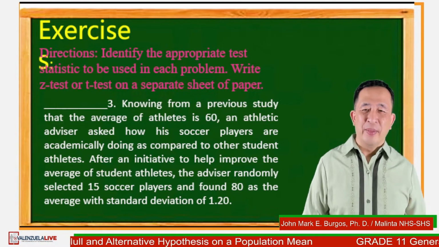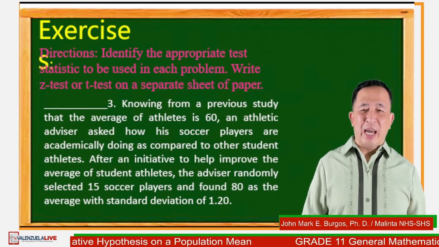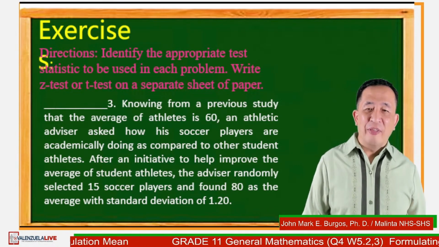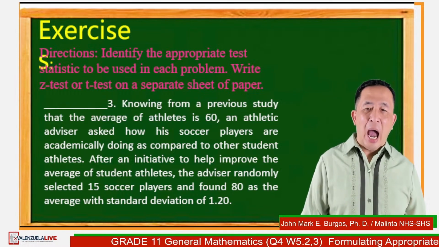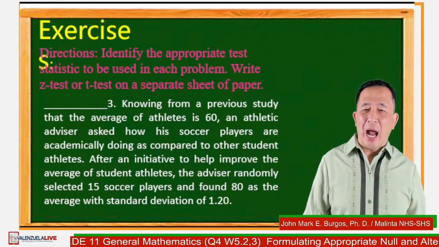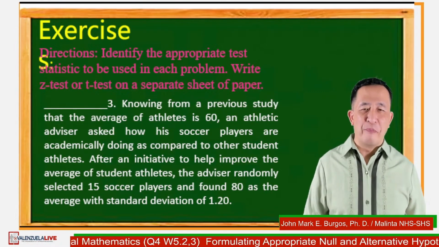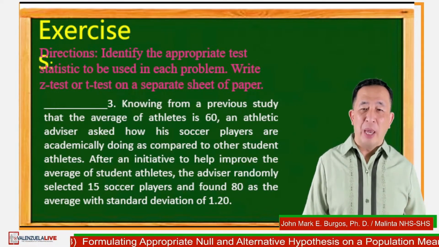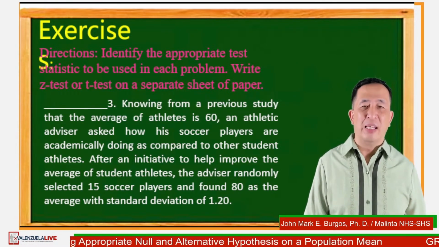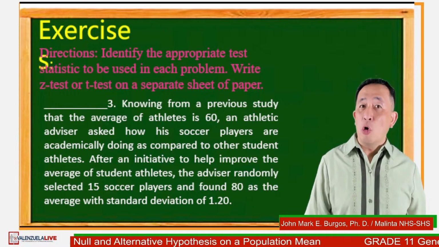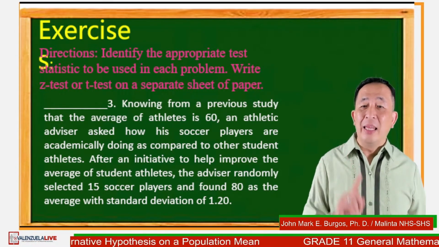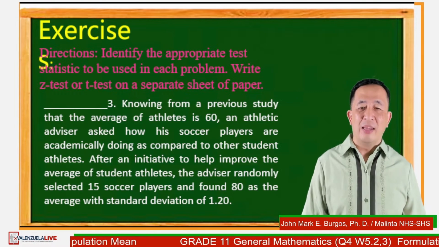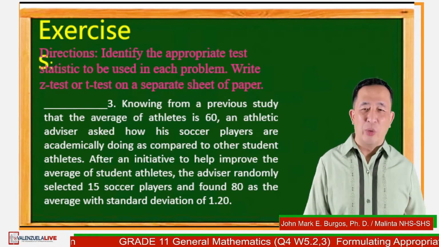Third question. Knowing from a previous study that the average of athletes is 60, an athletic advisor asked how his soccer players are academically doing as compared to other student athletes. After an initiative to help improve the average of student athletes, the advisor randomly selected 15 soccer players and found 80 as the average with standard deviation of 1.20.